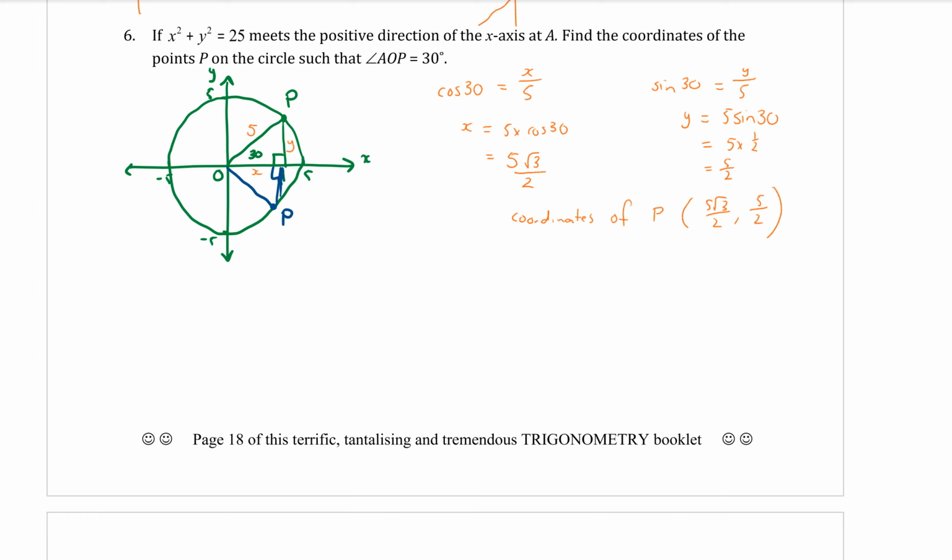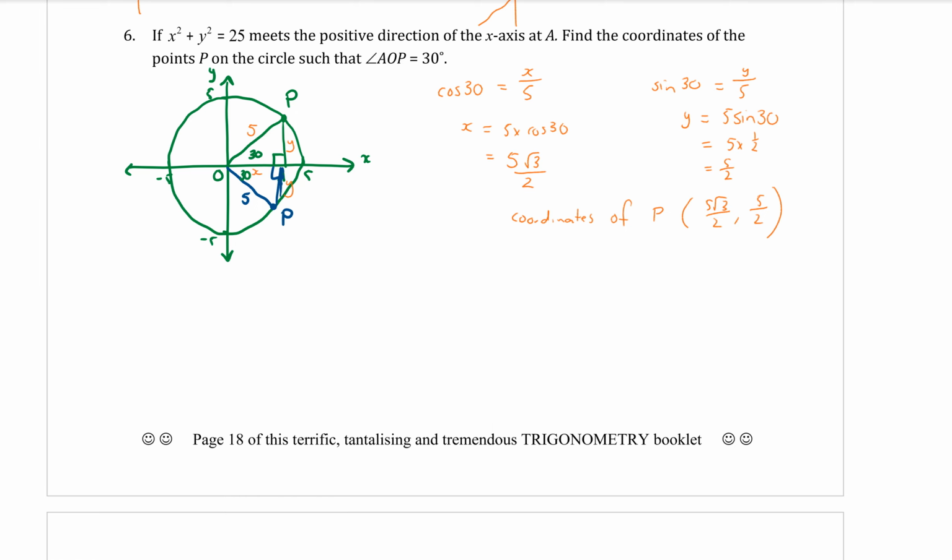This is still going to be 5 here. And I'm going to have to find the x, which is going to be the same line as before, and the y. Now the x is actually going to work out the same. I'll do it in a different color. Let me write 30 degrees in there.